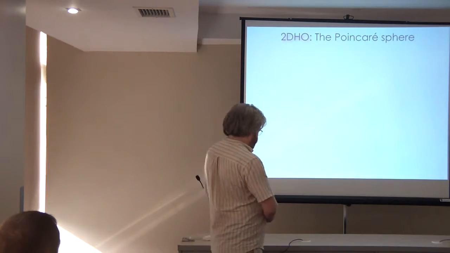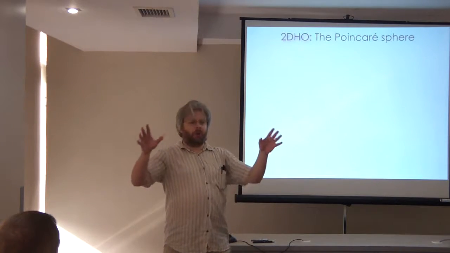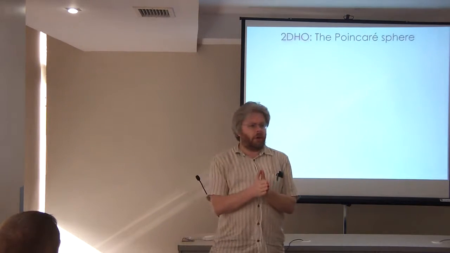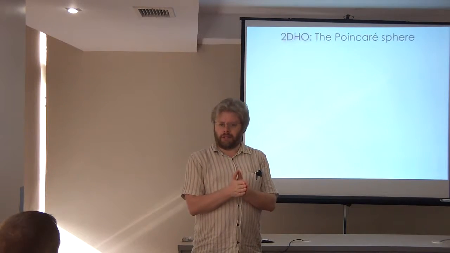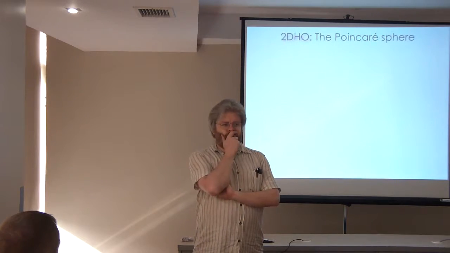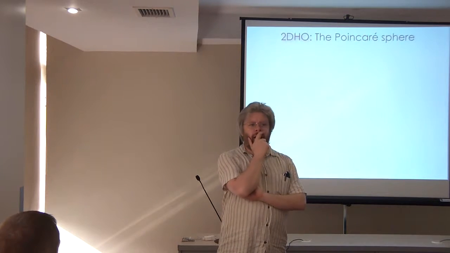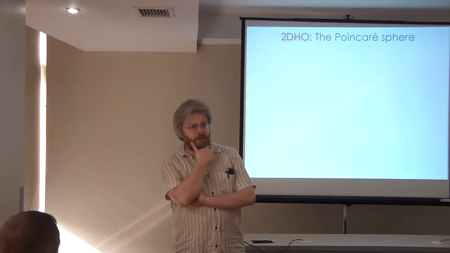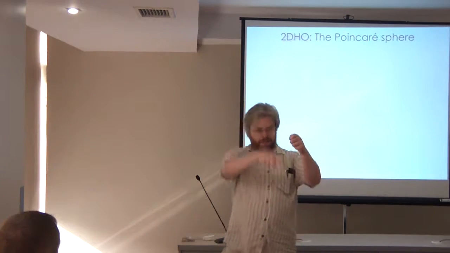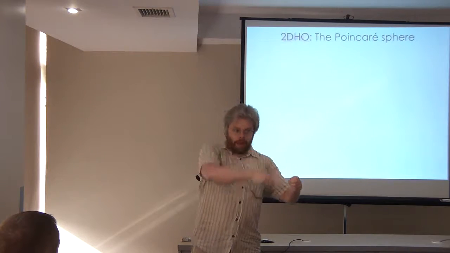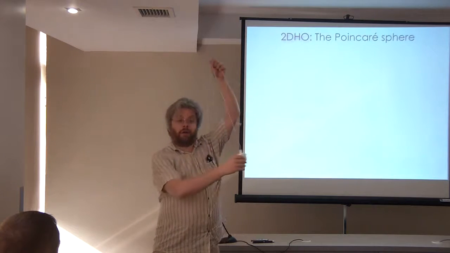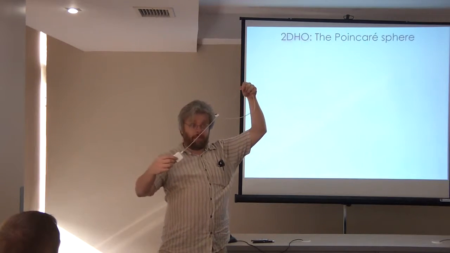So if you come across two-dimensional harmonic oscillators, you all study optics. So what's the simplest example in optics you can think of a two-dimensional harmonic oscillator? I would think it's the polarization of light. Because if you think about it, light goes back and forward like this if it's linearly polarized, or it goes round in a circle, or in general, it can go round like this, which is elliptically polarized.